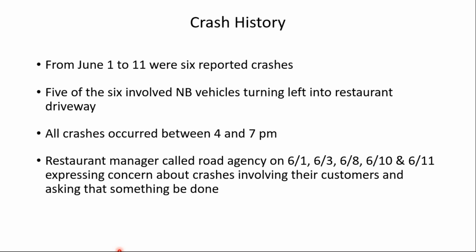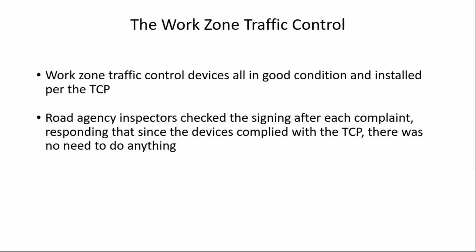And in terms of notice, the restaurant manager had called the road agency, you can see there, on 5 different occasions. In fact, earlier on the night in question, expressing concern about crashes involving customers or people that were would-be customers, and kind of pleading with the road agency to do something about the crashes, but nothing was done.